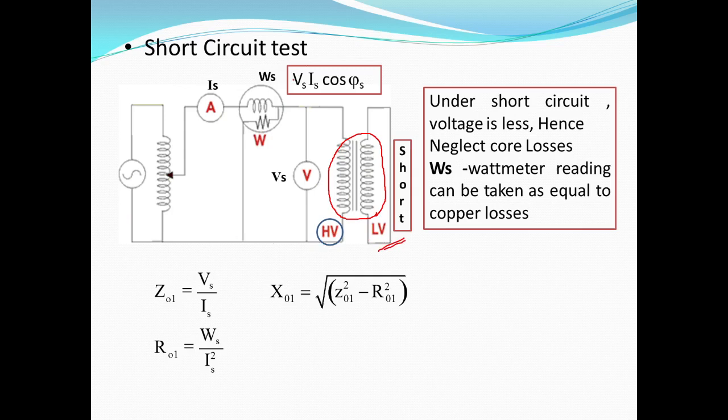The wattmeter gives the idea about copper losses, because here we are using the load as short circuited. Under the short circuit test, the voltage is very low, hence the core loss is also negligible.